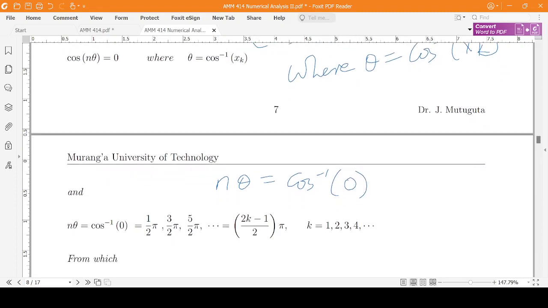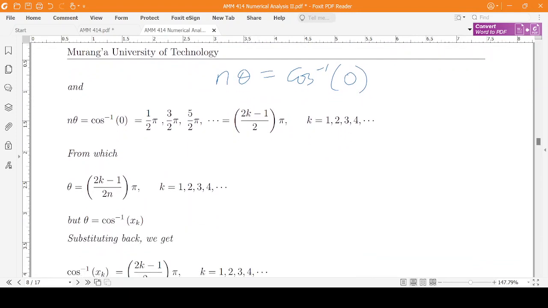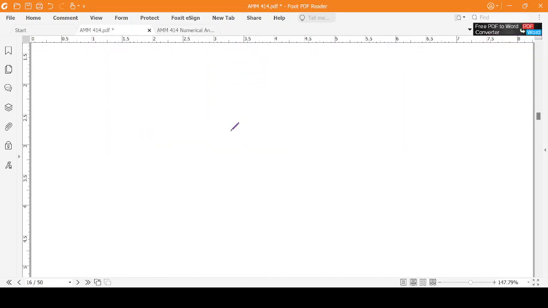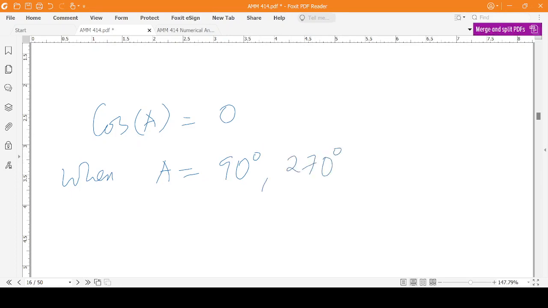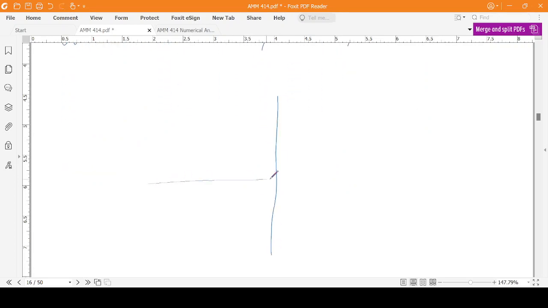But we know that cosine of an angle a is equal to 0 when a takes the value of 90 degrees, a value of 270 degrees, and so on. The cosine will be 0 along the vertical axis.